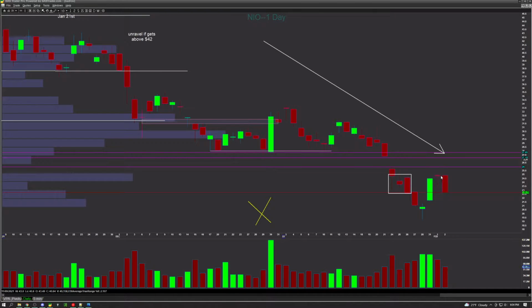So anytime you're met with resistance areas, you want to be a little bit more cautious. And in this case, when you get a third day play here, when you're shown the day before that this is having trouble getting above 25, then on this third day, if it gives you the ability to trade around the level 25, you want to go for it if price action gives it to you.